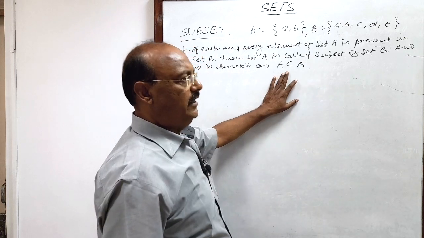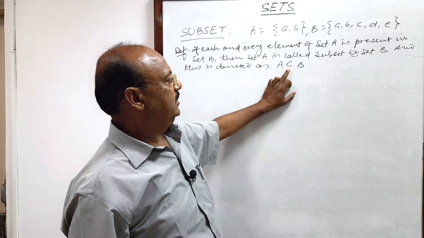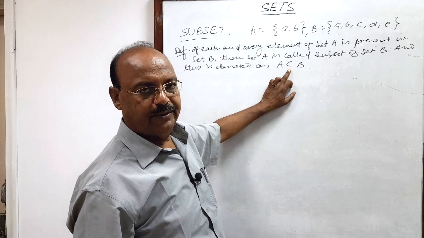This is read as A is a subset of B. Okay, so this is the notation for subset.